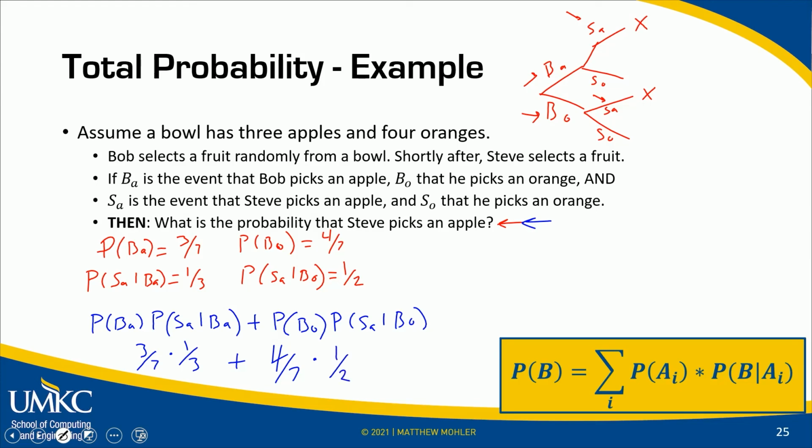Again, just plugging in the numbers we just calculated. When we sum those together, we find that this is equal to 3 out of 7.